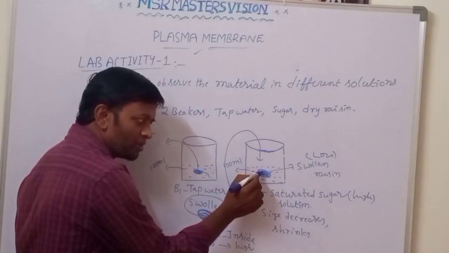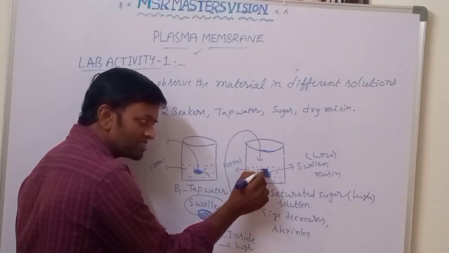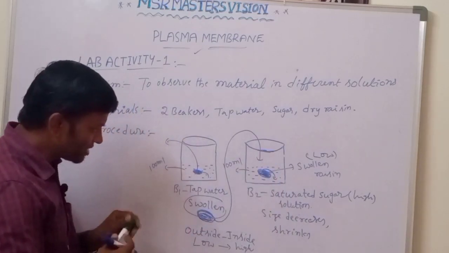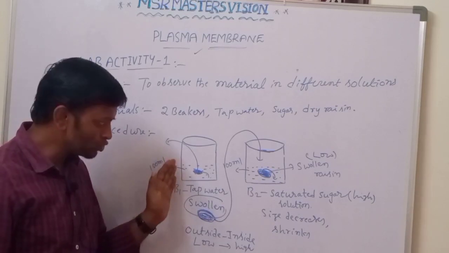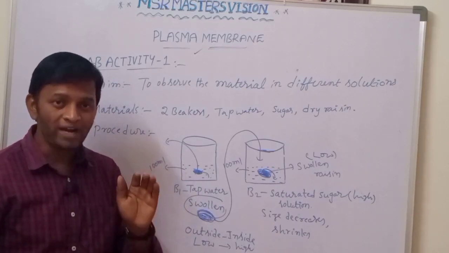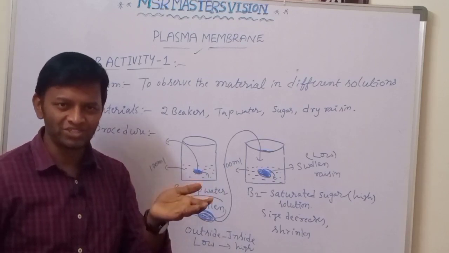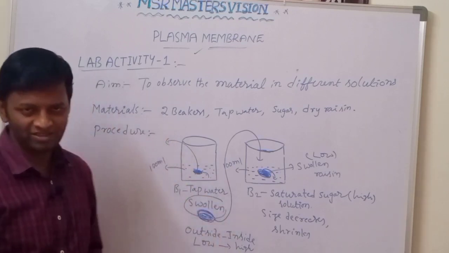That is why the water in the swollen resin comes out from low concentration to high concentration. So in those 2 beakers, what we observe is water moves from low concentration to high concentration.